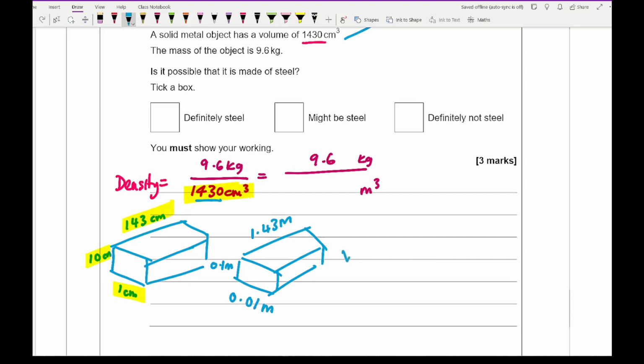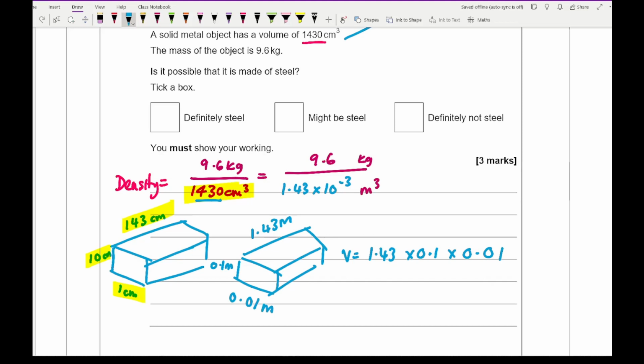So working out the volume in metres cubed, it's going to be 1.43 times 0.1 times 0.01, and I get an answer of 1.43 times 10 to the power of minus 3.